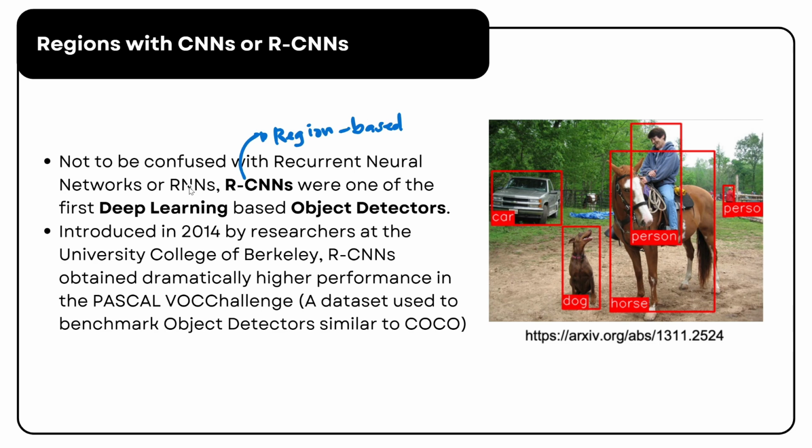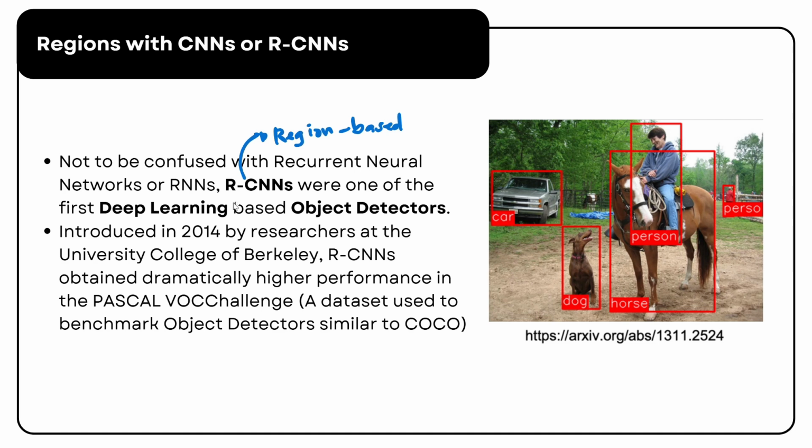RNNs are recurrent neural networks, used for sequence data like text or time series. RCNNs are a completely different architecture and were a game changer in computer vision.